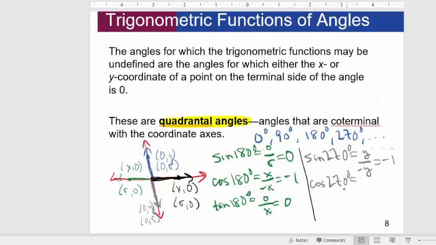The cosine of 270 degrees is going to be x over r, but x is 0, so it's just 0 over r, which is 0. And then the tangent of 270 degrees is going to be y over x, but in this case, again, x is 0, so it's y over 0, which is undefined. So these are the trig values of these special angles that we call quadrantal angles.